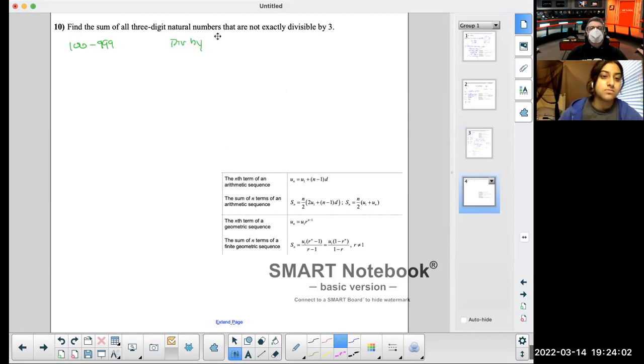What's the smallest number divisible by 3, the smallest number in that range? Because that's all we're considering, right? Yeah. Is it 101? Do you know the divisible by 3 shortcut? No.